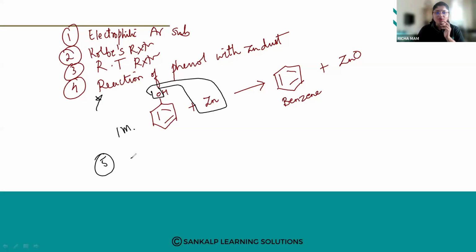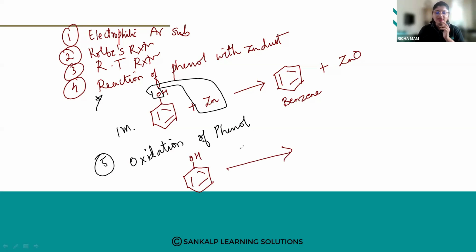Next is oxidation of phenol. These are small reactions. Again, we take phenol and do oxidation in the presence of sodium dichromate, Na2Cr2O7, and H2SO4, and we heat this. We get parabenzoquinone.